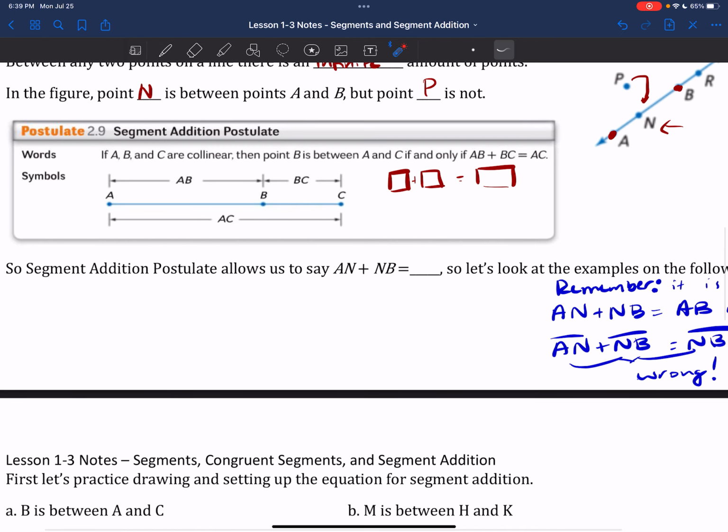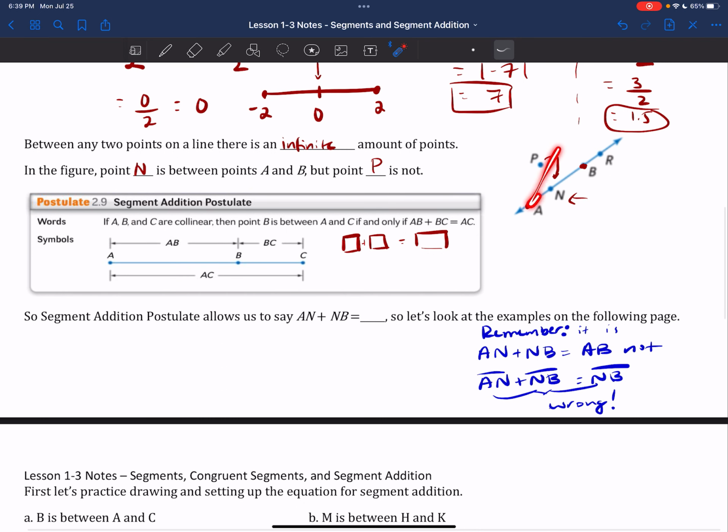So let's take a look at this particular figure over here. The segment addition postulate allows us to say that AN plus NB, the segment AN and the segment NB, if I add those together, what is that going to give me? This whole thing here, and that's going to be AB, right?